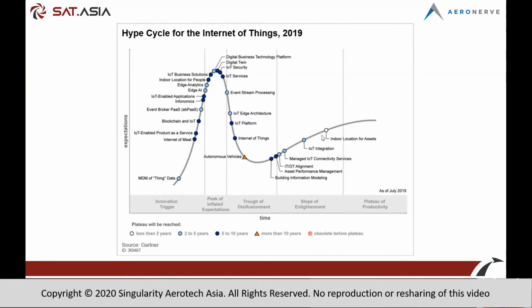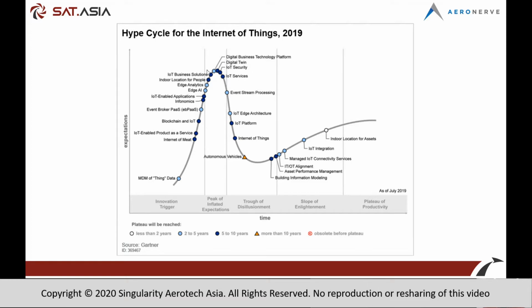The IoT integration, asset performance management. So these are the key parts of IoT technology that have gained more traction compared to the rest.